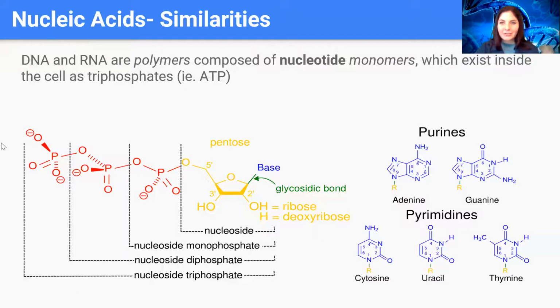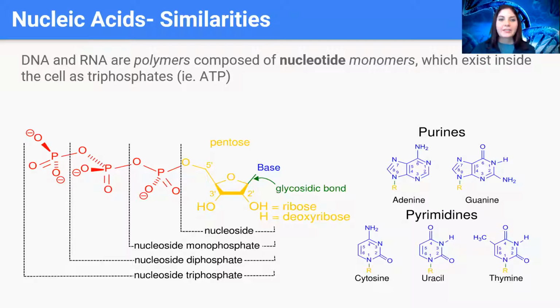And if you look at this, the way that it's broken down, we would have a triphosphate, so 1, 2, and 3 phosphates. We would call this a nucleoside triphosphate. We break off the last one, that's breaking a high energy bond. Whew, we get to use that energy. We'll talk more about that in a different video. And we are left with a nucleoside diphosphate, meaning it has 2 phosphate groups left. We go through that again.